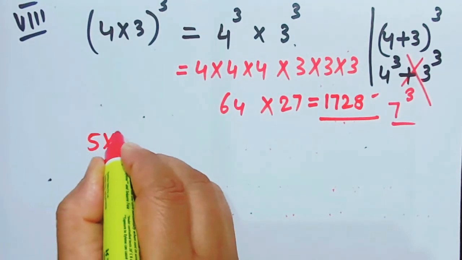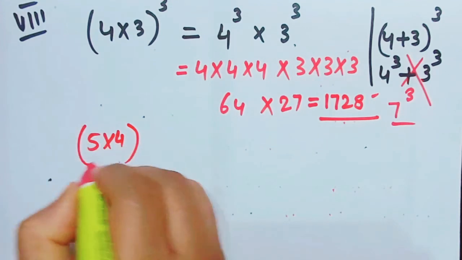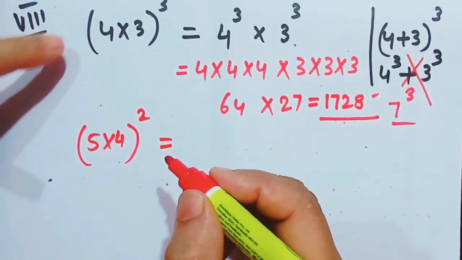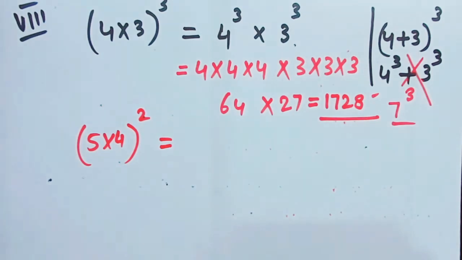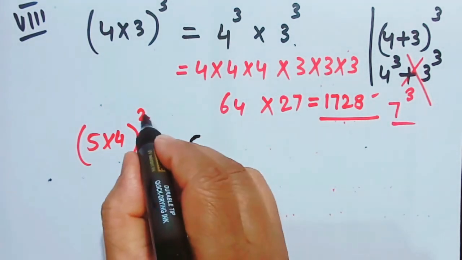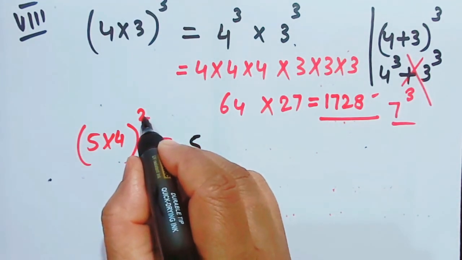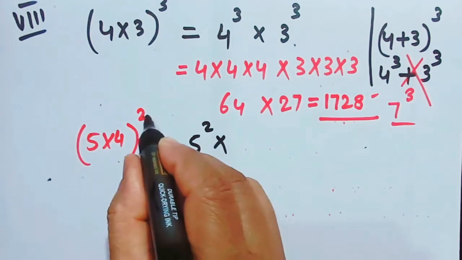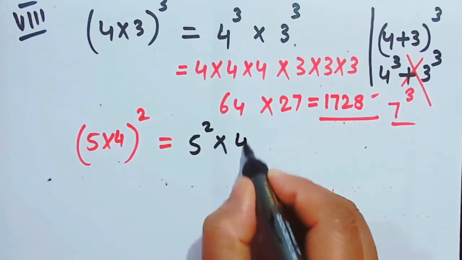Similarly, have a look at 5, the similar type of sum: 5 into 4 to the power 2. As I said, whatever we have done over here, we will be applying the same trick. This 2 will become the power of this 5, and this 2 will become the power of this 4.